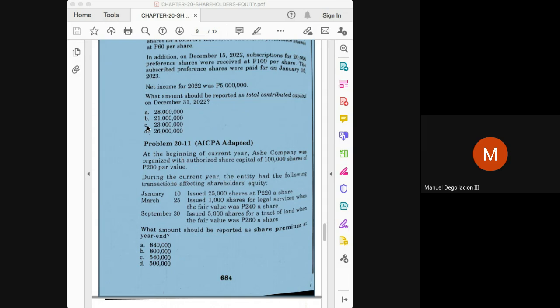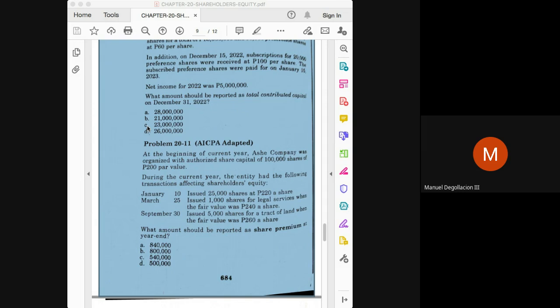On March 25, issued 1,000 shares for legal services when the fair value was 240 a share. Supposedly, if you issue shares in exchange for services, the issuance of the shares should be recorded at the fair value of the exchange service or goods. Okay, but here we are not given that information, so we will have to use the fair value of the shares.